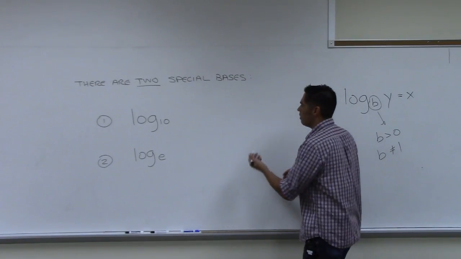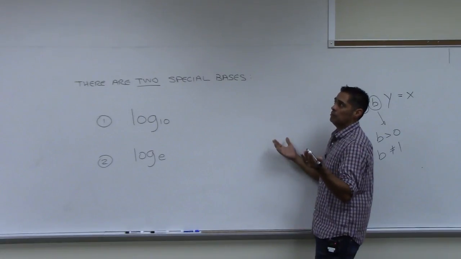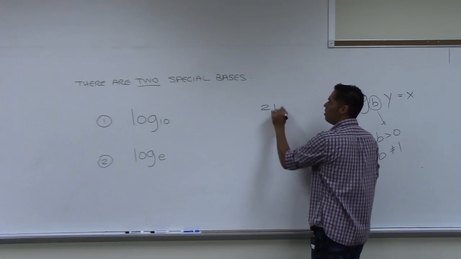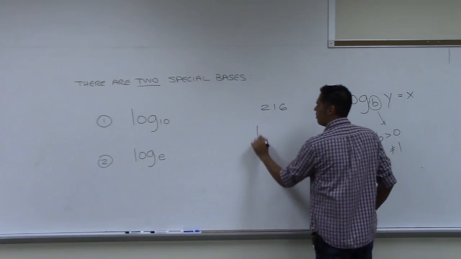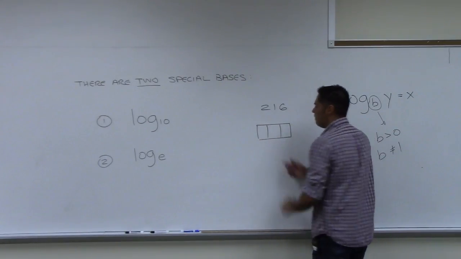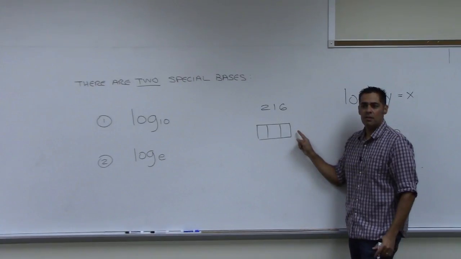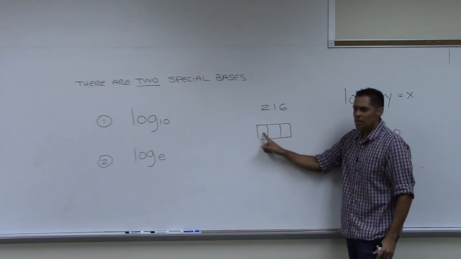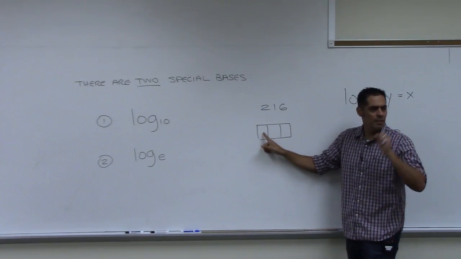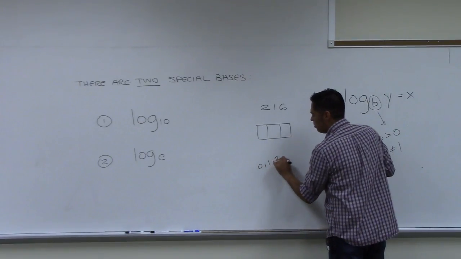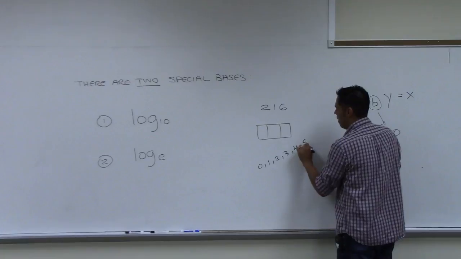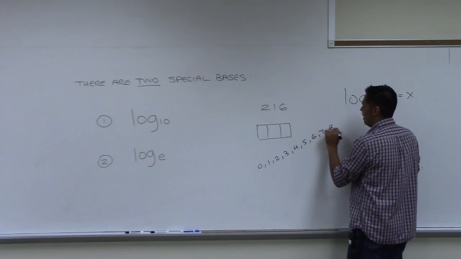So let's say I have a number. Somebody give me a number. 21. Okay. And then I'll throw that 6 on there. 216, right? If we look at this, there were 3 digits to this number: 2, 1, and 6. When I'm choosing this first one, I only have 10 numbers to choose from. The 10 numbers I have are 0, 1, 2, 3, 4, 5, 6, 7, 8, and 9.